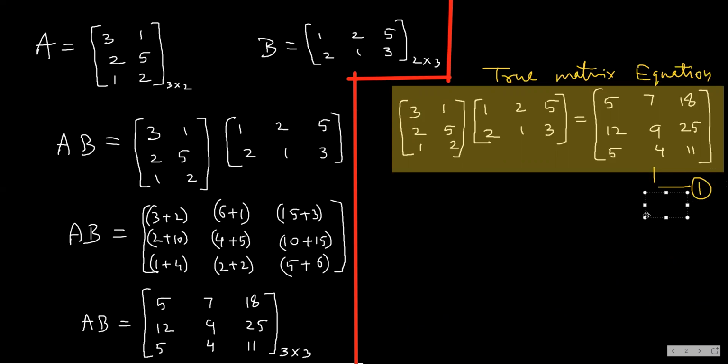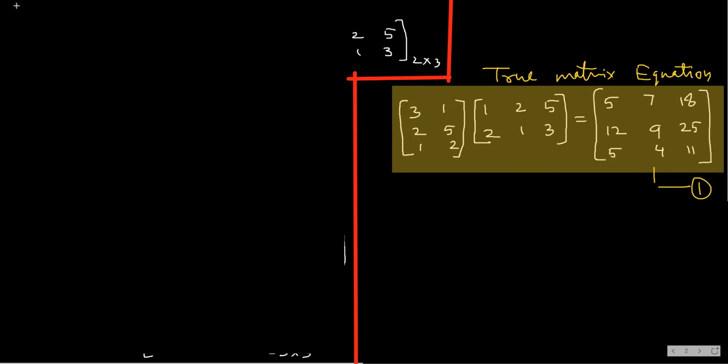This is equation number 1. So this is the equation, and it is in the form AB equal to C.